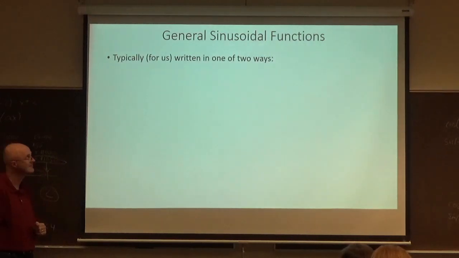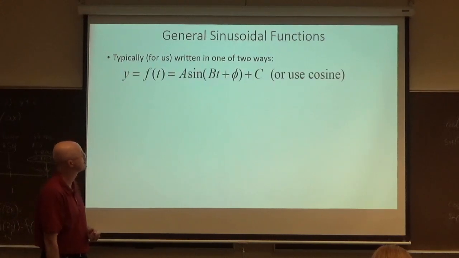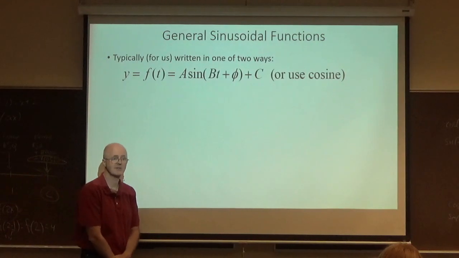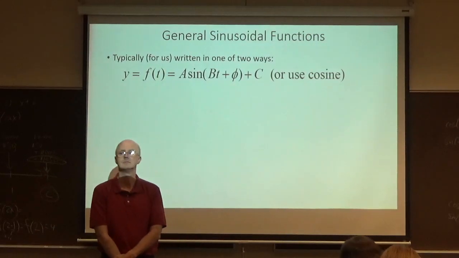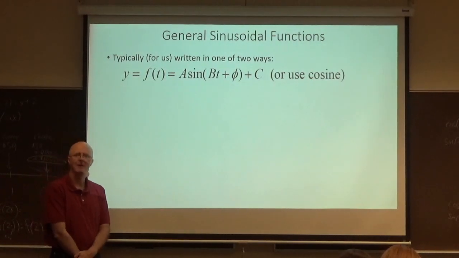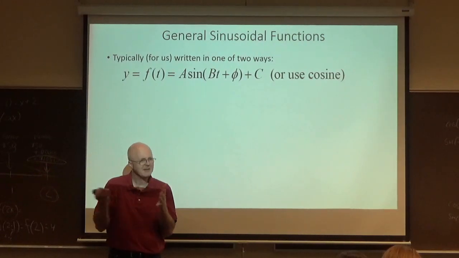Typically, for us, not necessarily in science classes, it's written in one of two ways. This way, I am using the sine function here, but I could use the cosine function. If I use the cosine function, I would still call it sinusoidal. By the way, the prefix co kind of means they go together.